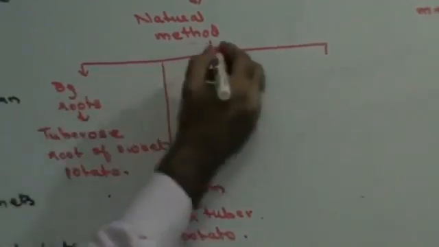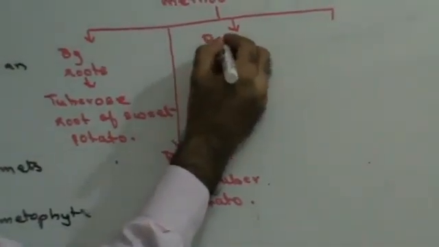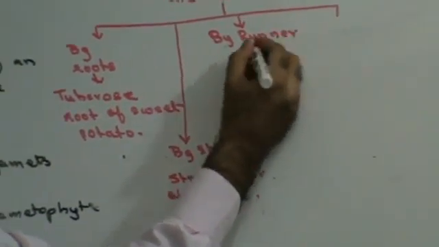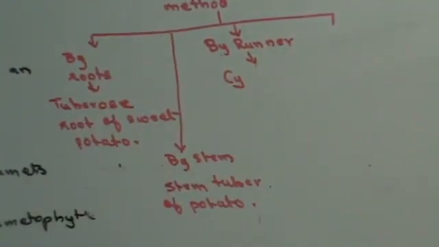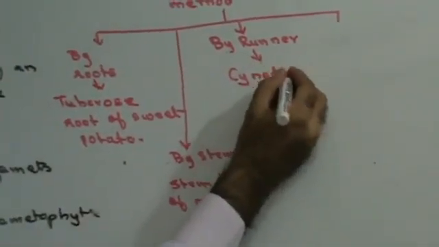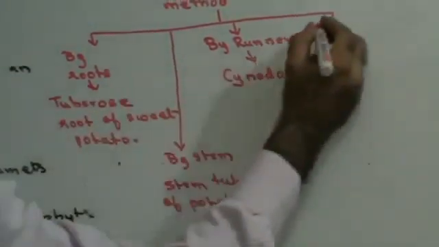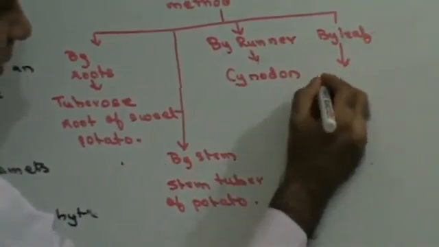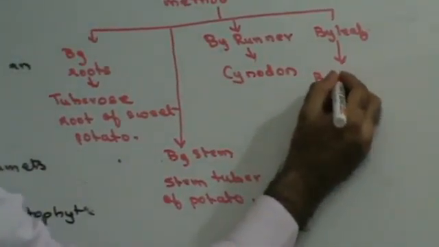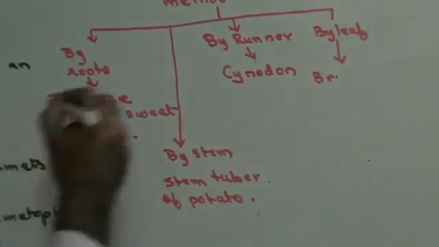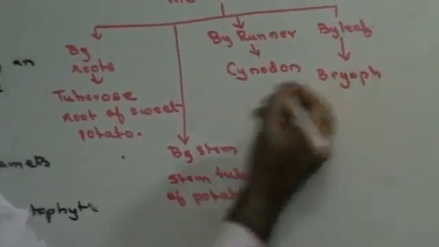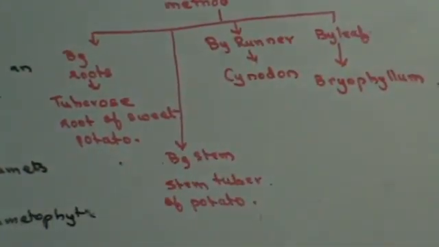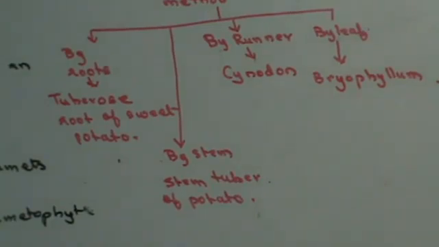Then you could have by runners, an example for this would be cynodon. And the last is by leaf, an example for this will be bryophyllum. So these are my natural methods for vegetative reproduction.